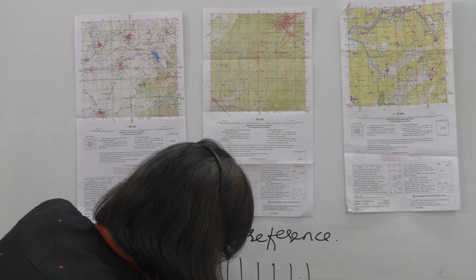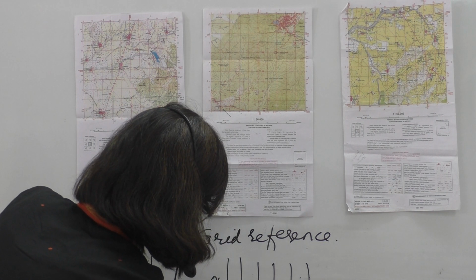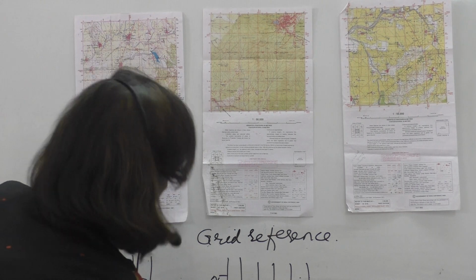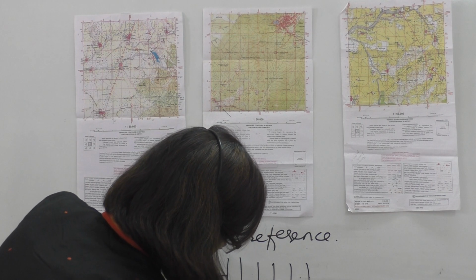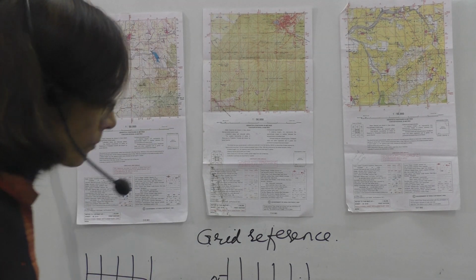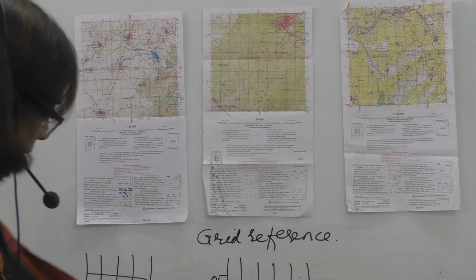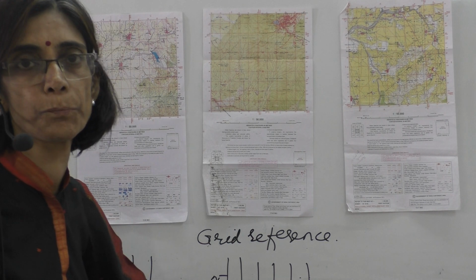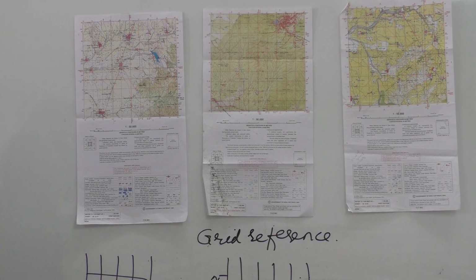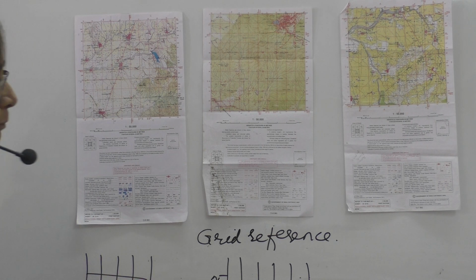0, 2, 3, 15, 16, 17, 18. So in both the topo sheets, the eastings have the same value, but the northings have different values.